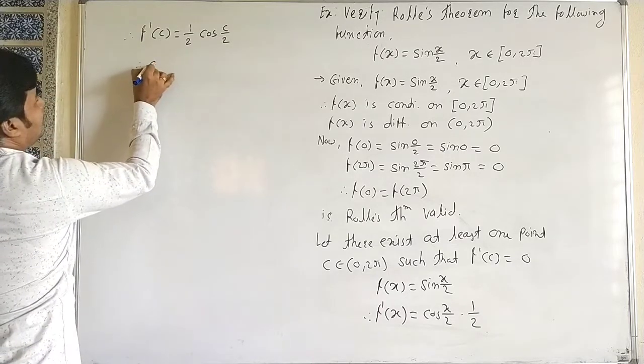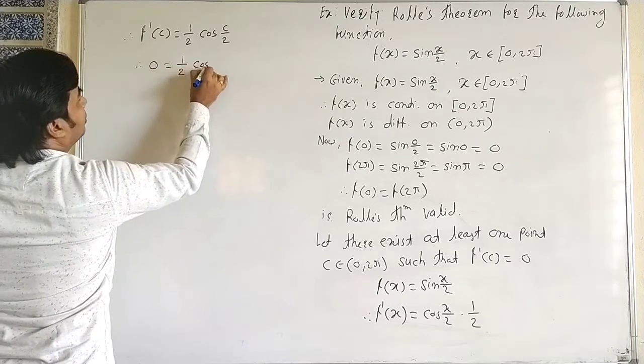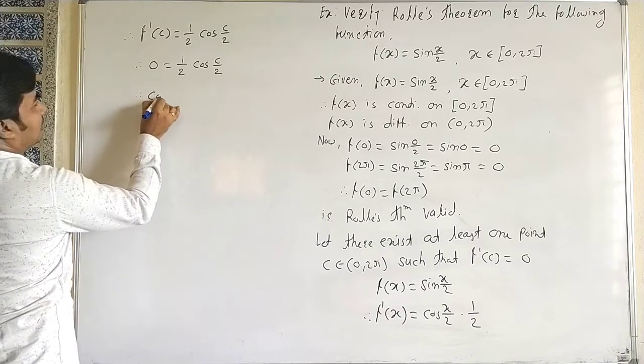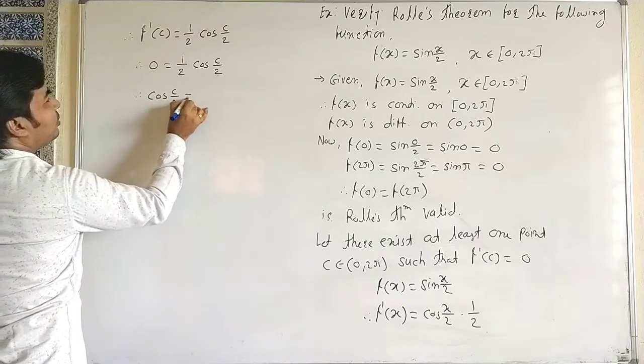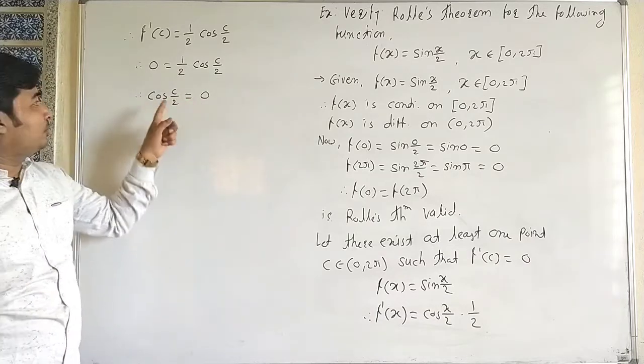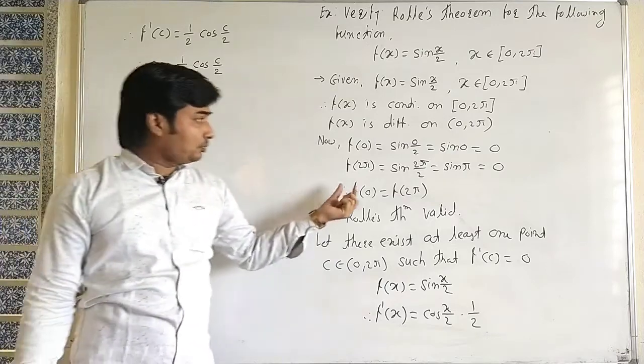Therefore you can write 0 is equal to 1/2 cos(c/2), and then cos(c/2) is equal to 0.